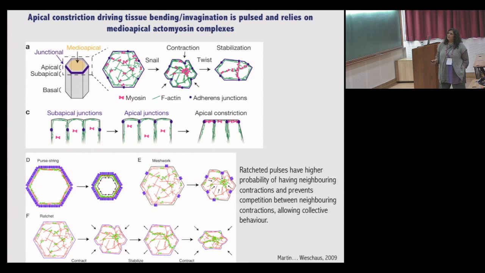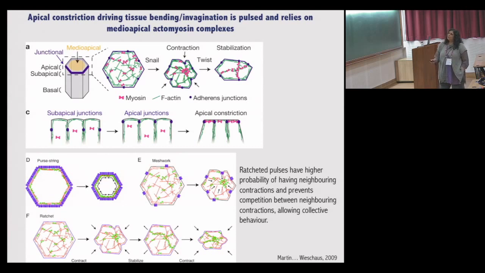We saw that this constriction was associated with the apical accumulation of actomyosin complexes that contracted, where you could see contraction of the actomyosin network and deformation of the membrane, especially at points at which this meshwork was connected to the adhesion molecules on the membrane.